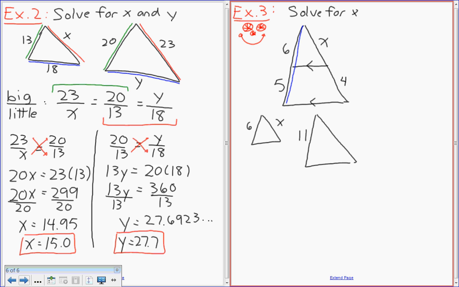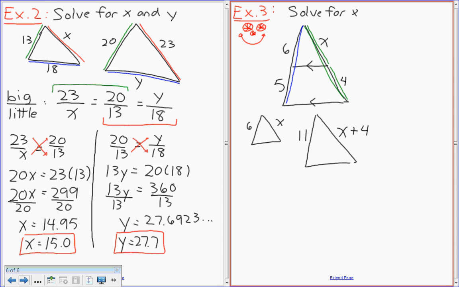All right. Now, here's the tricky part. What's that whole right-hand side going to be? X plus 4. The reason it's x plus 4 is this little top half here is going to be x, and this part here is going to be 4. If you put them together, that's x plus 4.